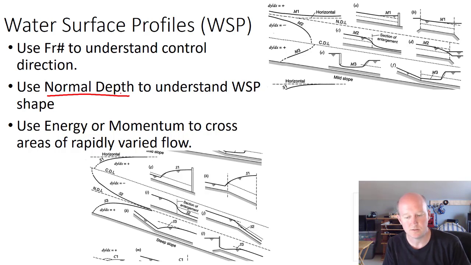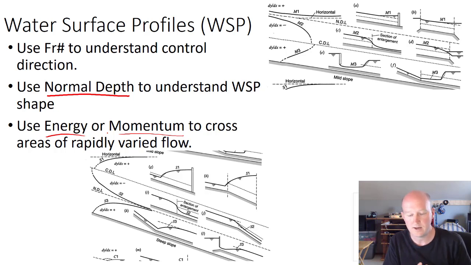If there's a discrete step or constriction or some kind of thing that is not gradually varied flow, then we'll use either the energy or the momentum ideas to move across that section from upstream or downstream to the direction that we're trying to go.